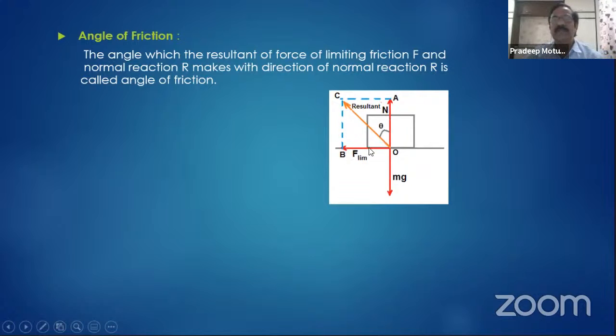These two are perpendicular to each other, and this R is known as the resultant force. That means R is resolved into two components, N and F. The angle between the normal force and the resultant vector gives the angle of friction.